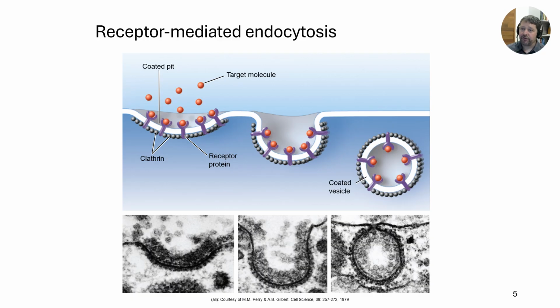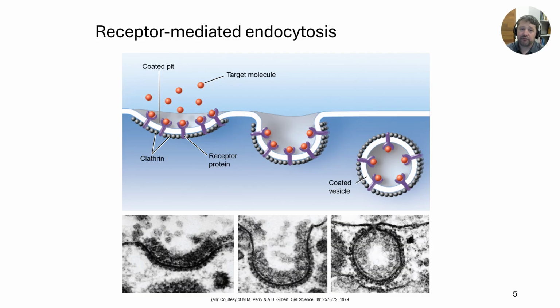Now, not all the time is it so free flowing, like things getting engulfed, brought in, things getting expelled. Often you only want certain things coming in or only want certain things going out. And so what happens is what we call receptor mediated endocytosis or receptor mediated exocytosis.